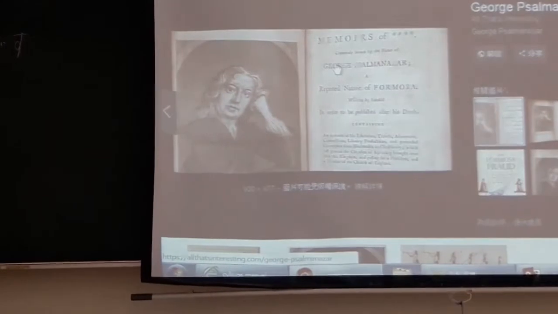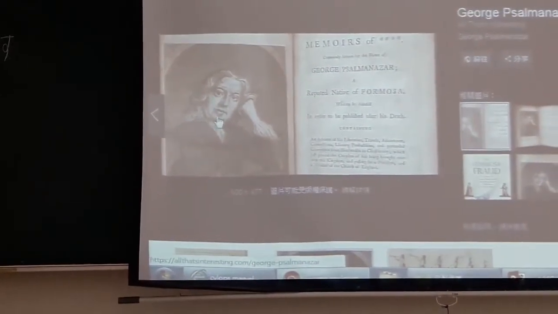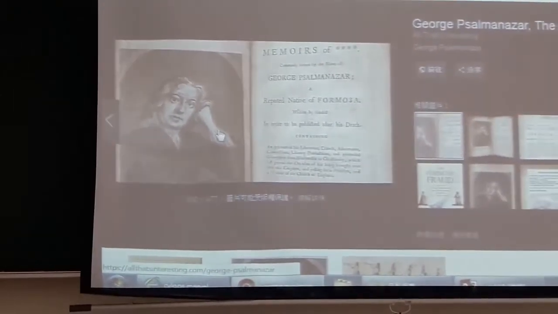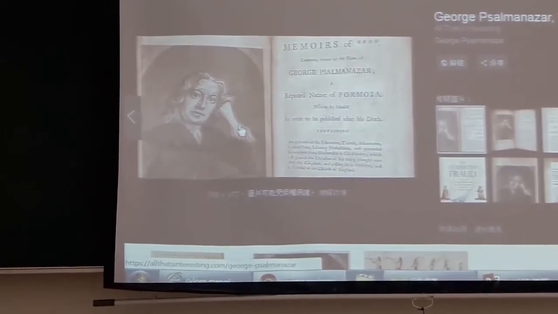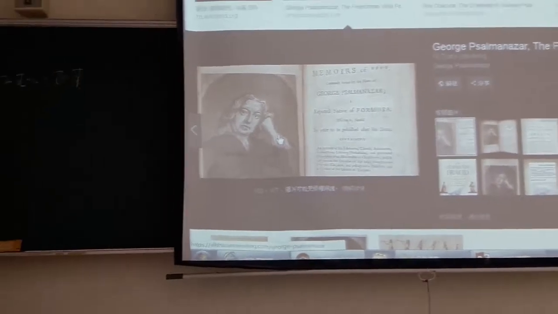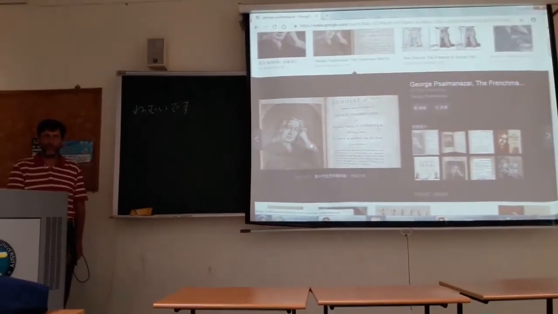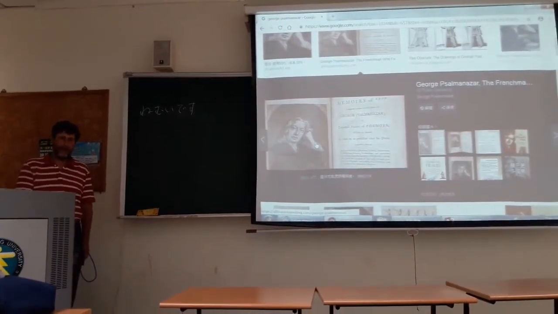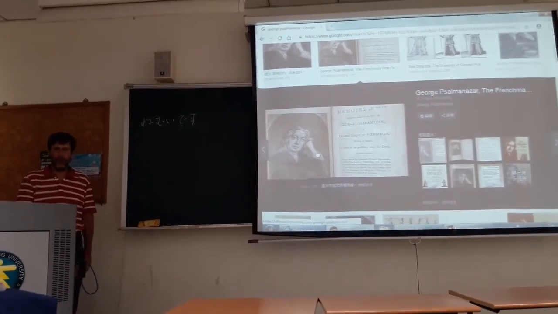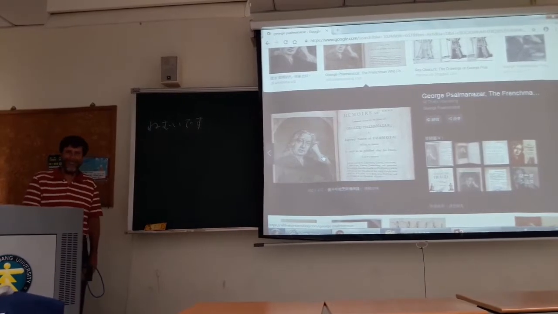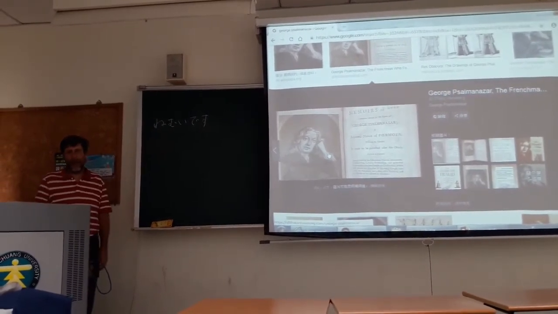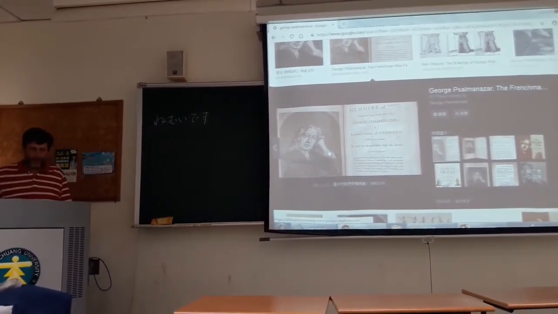Here is his book and his image. He claimed, centuries ago, that he was a Taiwanese Aborigine. And he said this in London, when most people didn't know anything about Taiwan. They barely knew much about Japan, and they believed him.